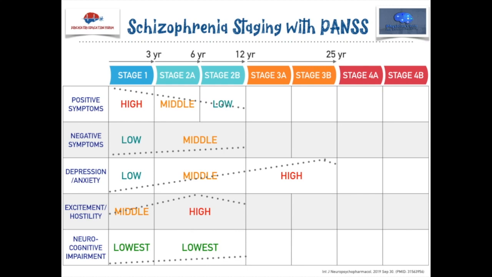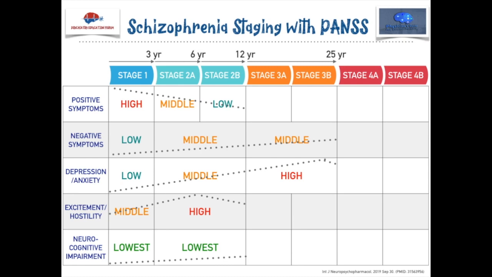After depression and anxiety, the second most common one here is negative symptoms. And you will see how negative symptoms are continuing to rise. By the time the stage is over, they are a little higher than depression and anxiety.